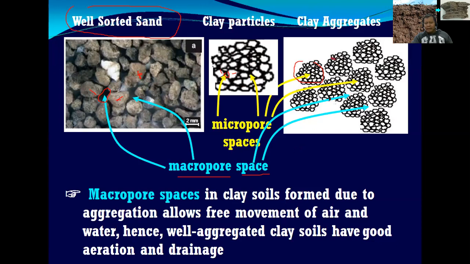This is a clay aggregate, and this one is another clay aggregate. So between them, we also have macropore spaces. Again, between individual clay particles stuck to another individual clay particle, there are micropores. But between clay aggregates, between groups of clay, we have macropores.